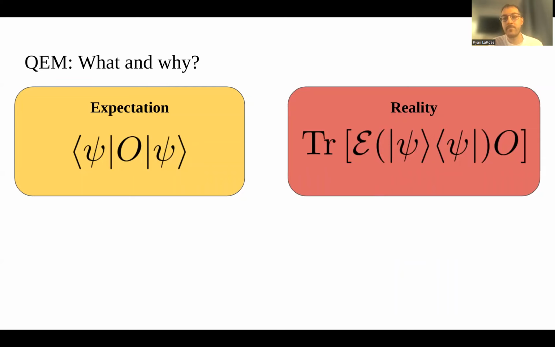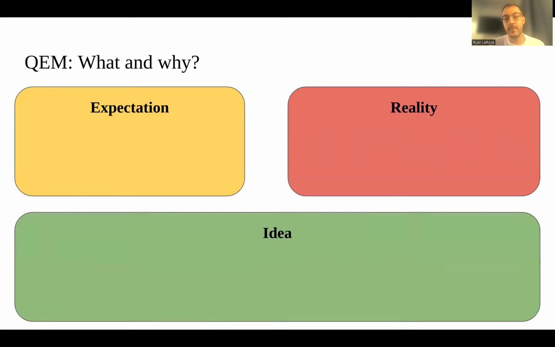You could also assume the channel acts on the observable here, and that's, of course, valid and closer to what happens experimentally. But here I've just written it as the perfect observable.